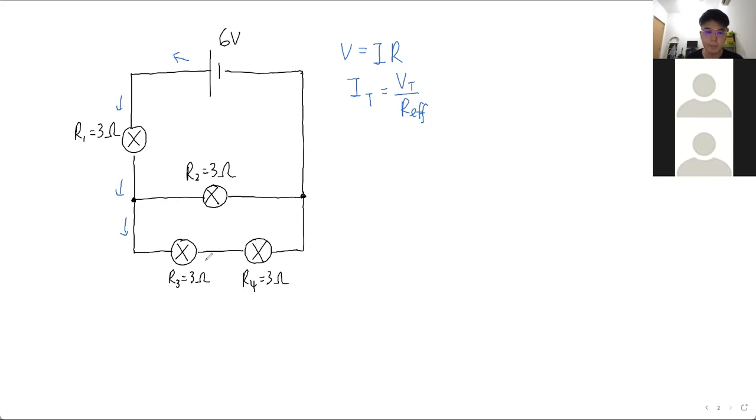So they are in series. 3 plus 3 is 6. So combine these two to become 6, and then I combine with R2. So I have 1 over R equals 1 over 3 plus 1 over 6, so 3 over 6, 1 over R is equal to 2 ohm.